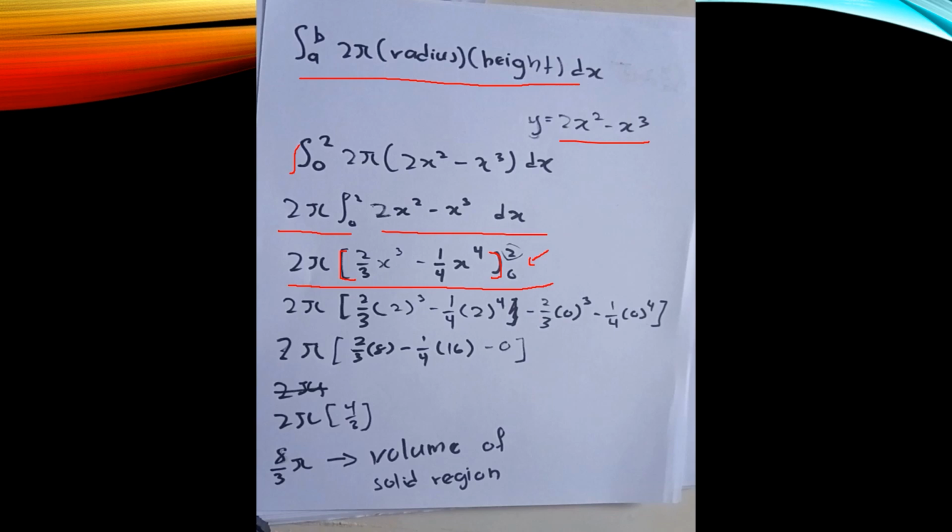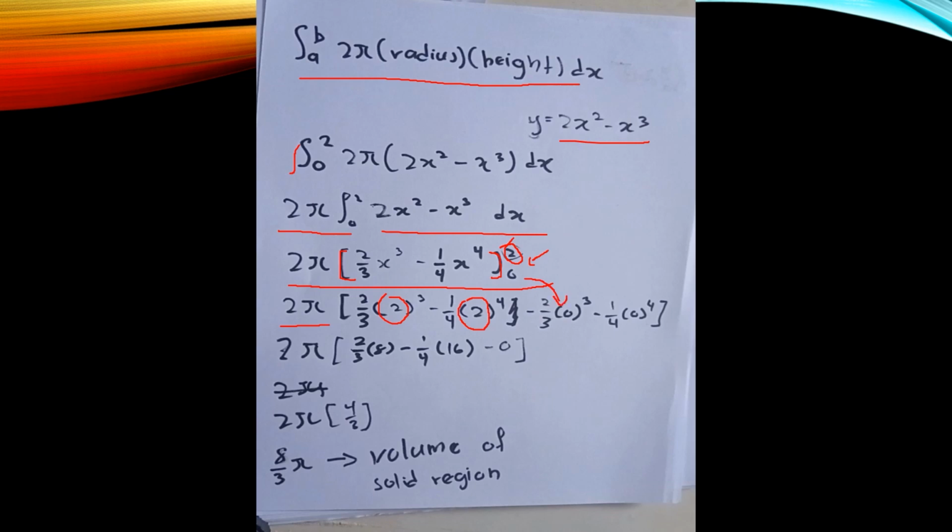Now 2 pi, the x to the power of 3, the power of x is added by 1, 2 over 3 minus 1 over 4 x to the power of 4, and then we replace the x with the 2. Same thing here, and after that we minus it with the same thing, except the 2 will be replaced with 0.